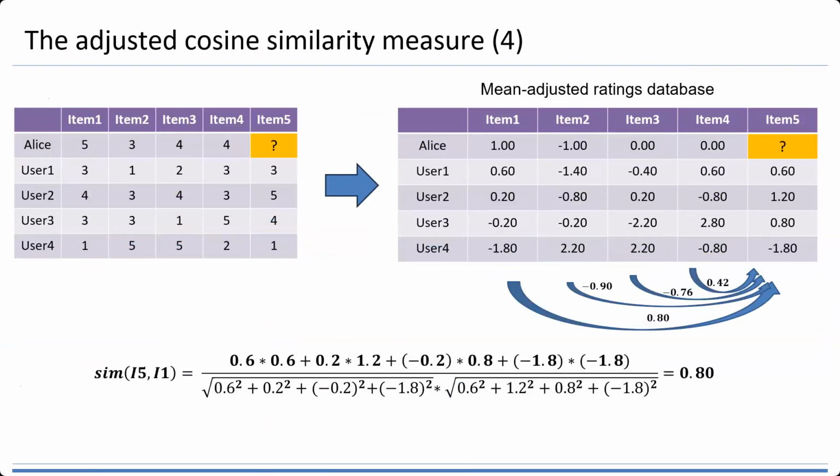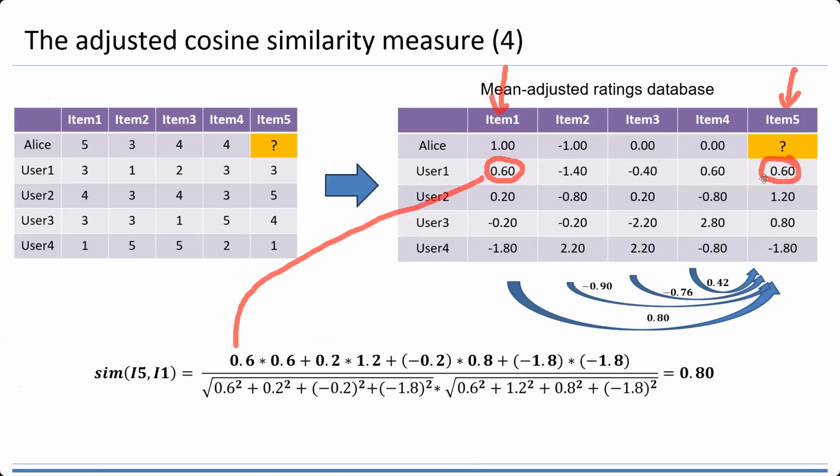Let's say I want to know the similarity between item 5 and item 1. I can do the calculation again. I want to calculate item 1 and item 5. So 0.6 and 0.6. Okay.